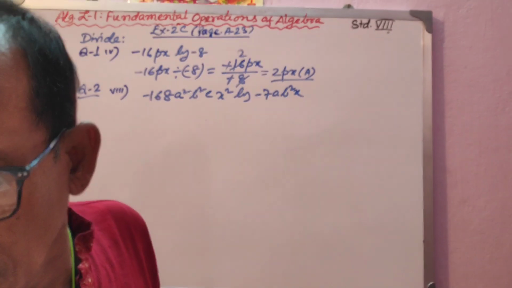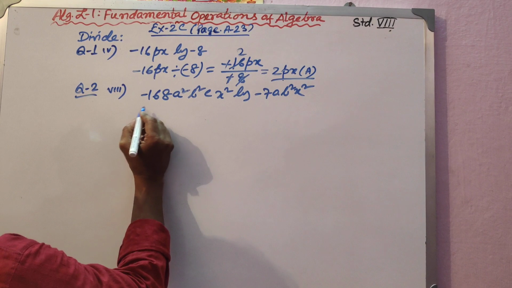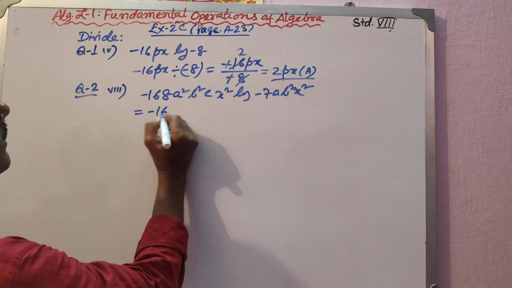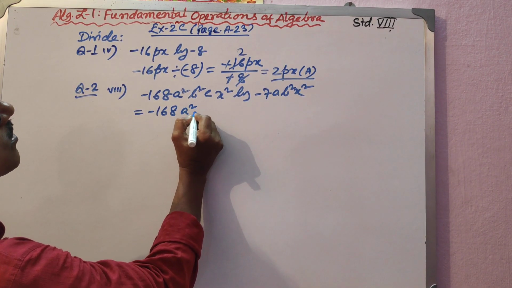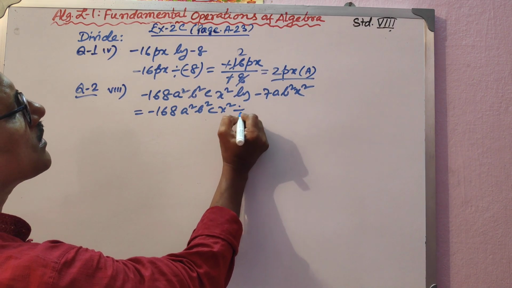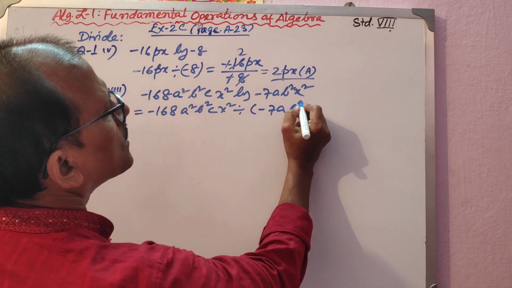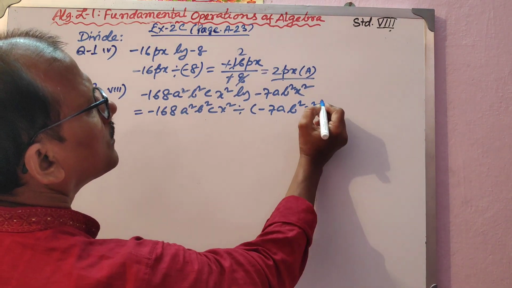In this case, the dividend is 168 a square b square c x square and the divisor is minus 7 a b square x square, isn't it?